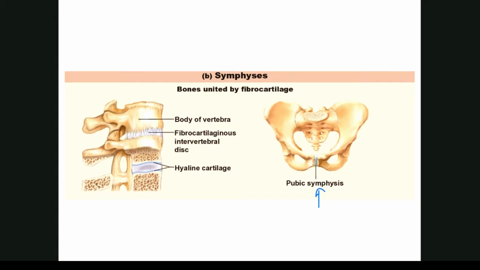A male pelvis is very steep and narrow, and my picture's not so good, but this is a female pelvis, and it allows more room across here for babies to come through, and then this will eventually soften up as the baby comes out.